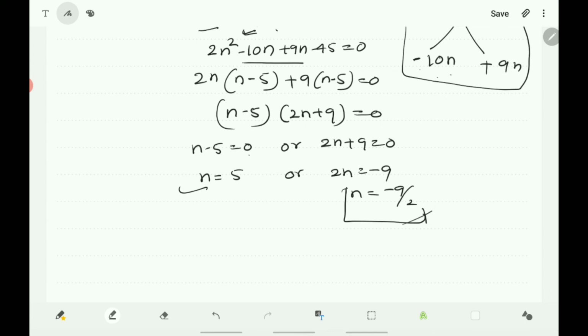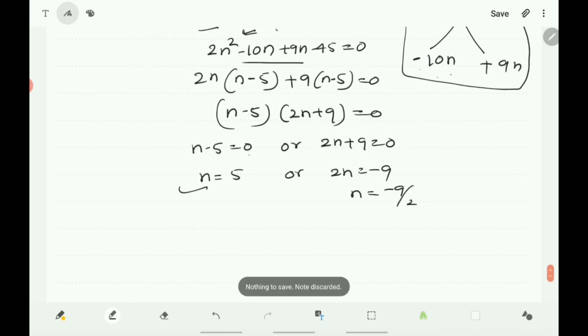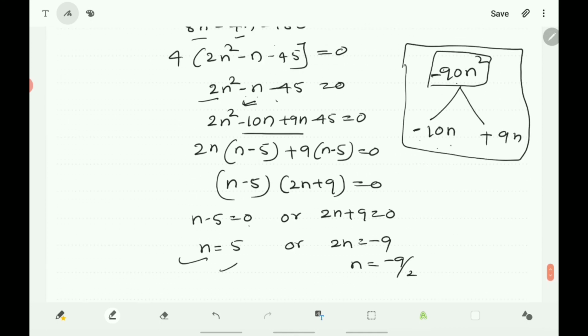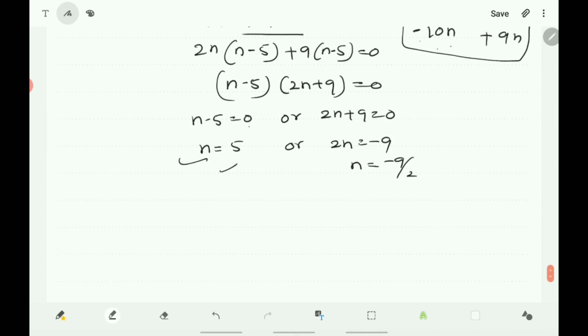Therefore here the value of n is 5. And according to the question, what you have to find out is n and an, you got n here. Now use the formula for an. Here a is given, d is given, so you note it.